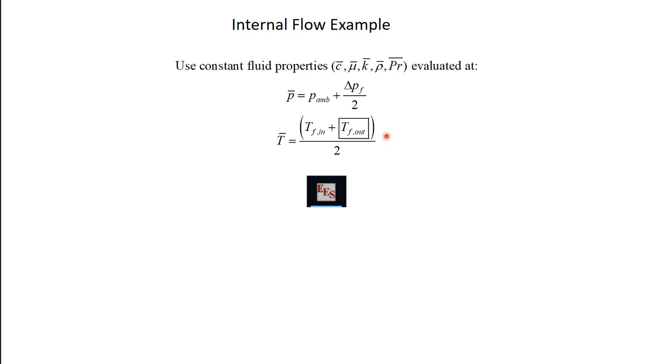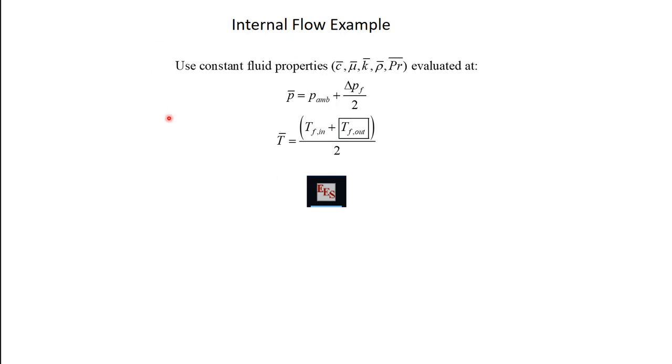When you're all done, and everything is working okay, you can solve for this outlet temperature and adjust the temperature that you use to get the properties, and everything should converge much more dependably than if you tried to do this all in one fell swoop.